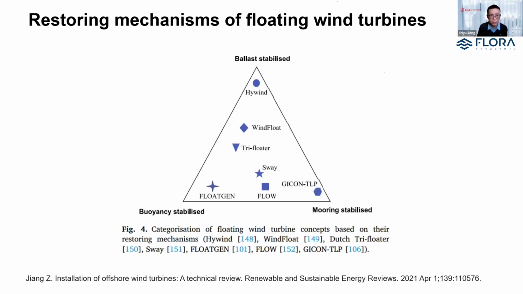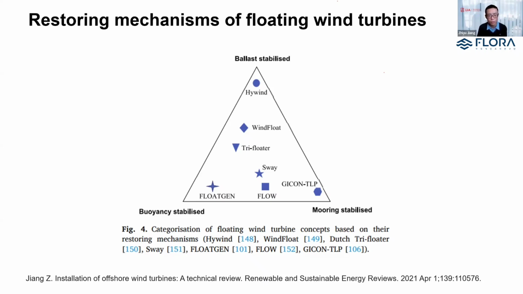Looking at the restoring mechanism of floating wind turbines, we can very roughly make a triangle here. In this triangle, you see three corners. The upper corner is ballast stabilized. The lower left corner is buoyancy stabilized, while the lower right corner is mooring stabilized.